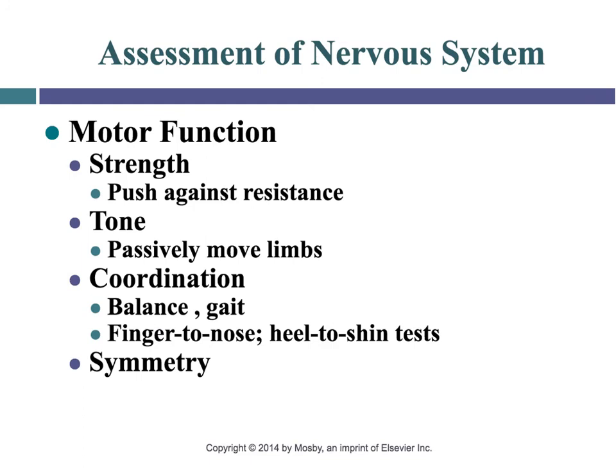The next thing I want to point out when we're talking about assessing for coordination, and you're assessing gait and balance on patients, which is very important in neuro, is something called the Romberg test. Essentially, you have the patient stand with their feet just slightly apart from each other, and they will extend their hands with their palms up and close their eyes.